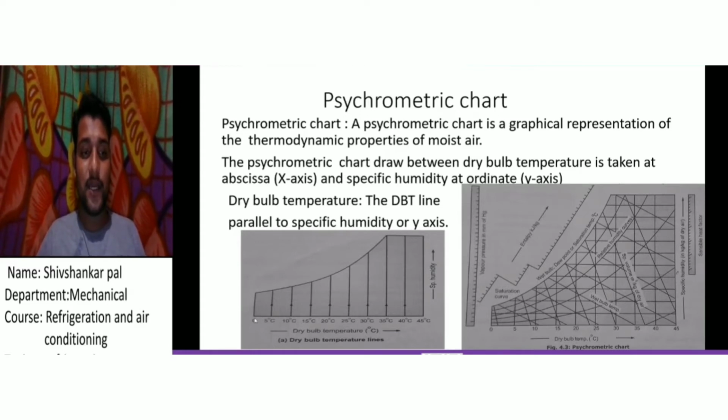Going from left to right, you see the temperature values increase: 5, 10, 15, 20, 25, 30, 35, 40. The curve also increases, so the dry bulb temperature values also increase.